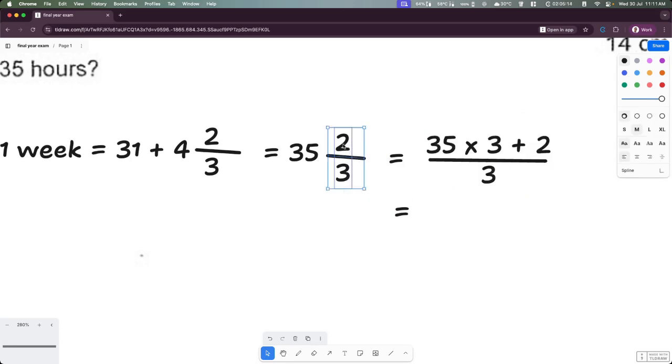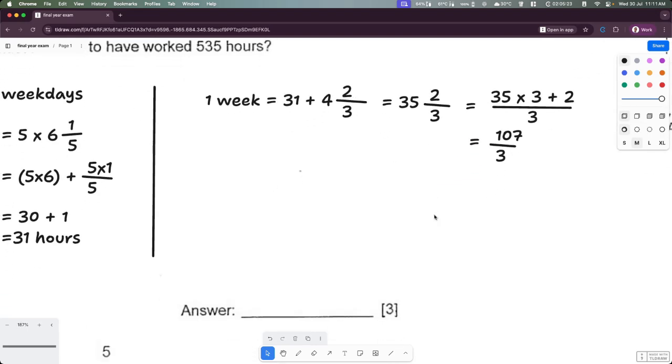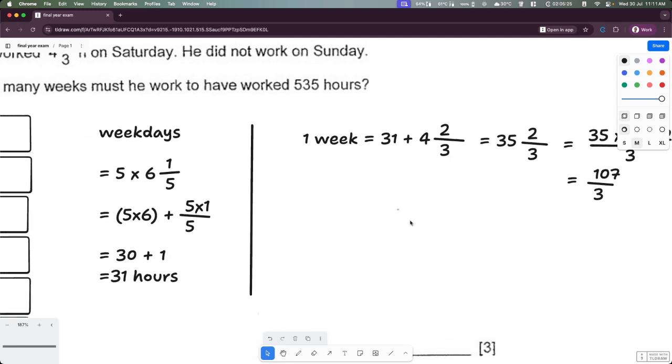So I'm just going to use this again, right? 107 out of 3. So you see over here. So 1 week is equal to 107 out of 3. So how many weeks? So number of weeks is equal to basically 535.